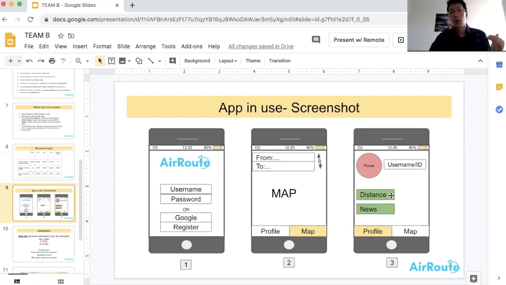And what we meant by distance is maybe the number of times they took the lowest air polluted routes, or the length of the distance.